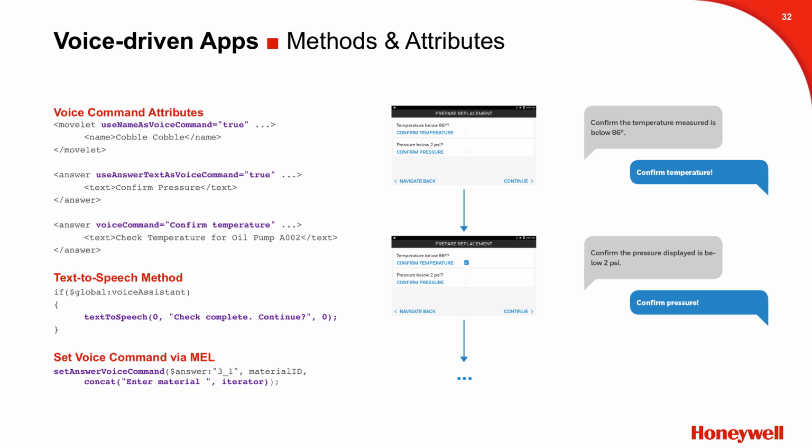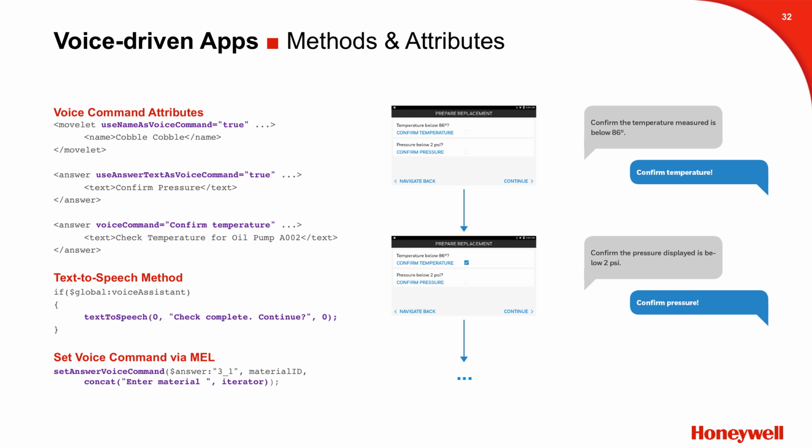If you don't want to use the answer text, you can also set custom voice commands. For example, let's say in your UI, for whatever reason, you have a very long string. In the example on the left, I put check temperature for oil pump A002.